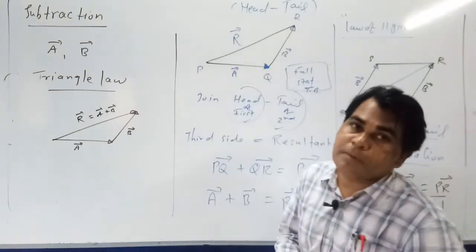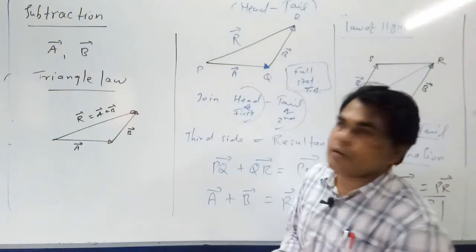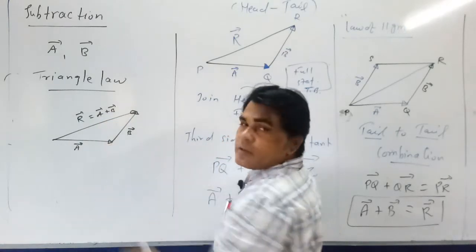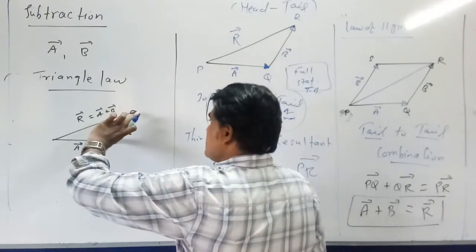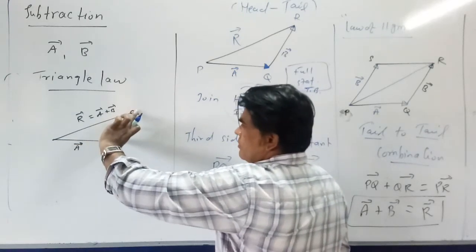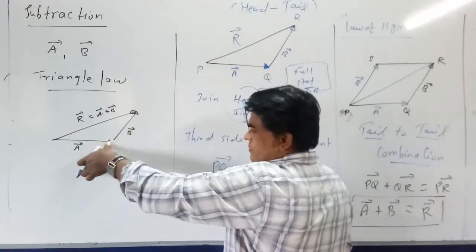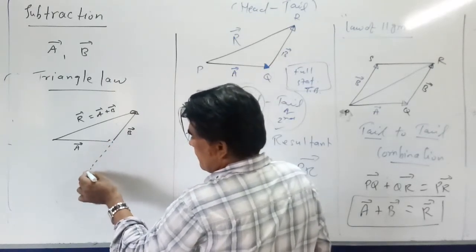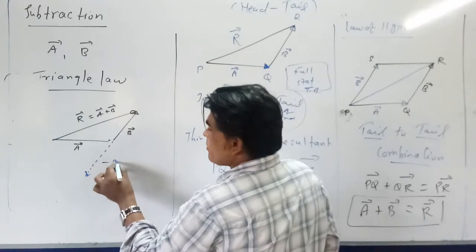But I am looking for A minus B. How can I make it possible? Can I take its opposite vector? Yes. So this much is the length, and I will be here. This is the opposite vector of B.